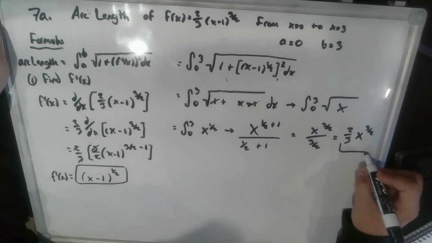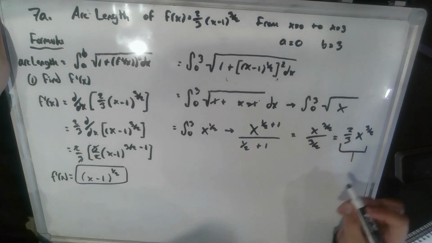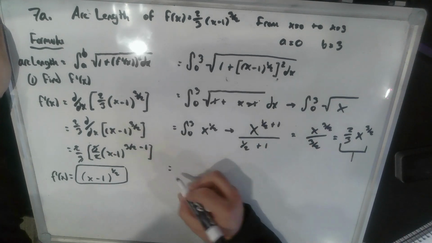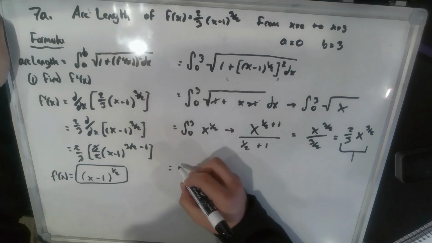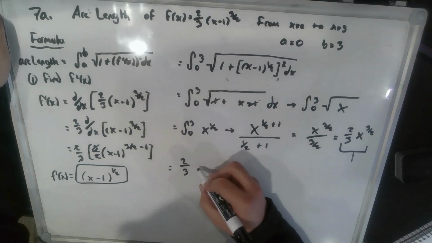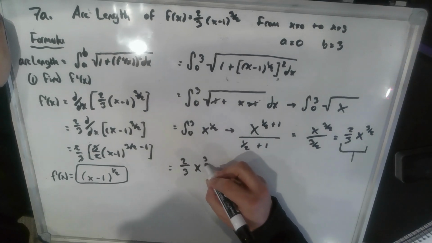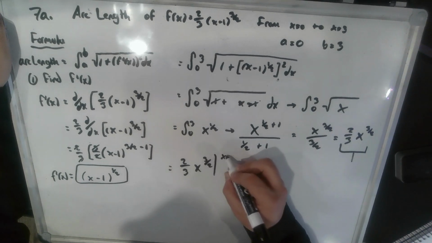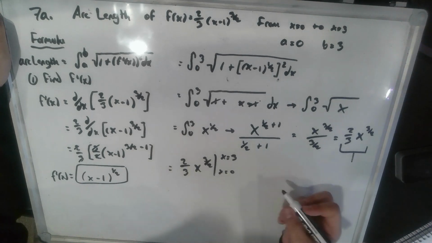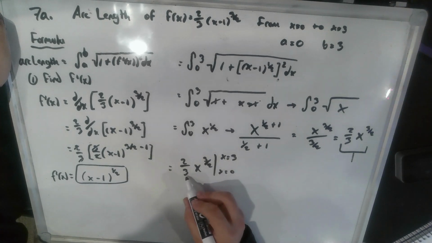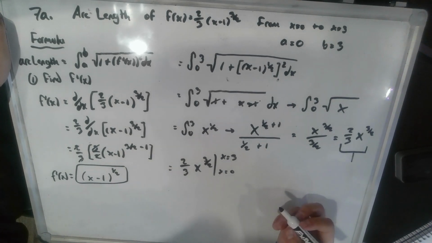And this is all evaluated at x equals 3, x equals 0. But x is equal to 0 here, so that doesn't matter because it'll just evaluate to 0, anything times 0.